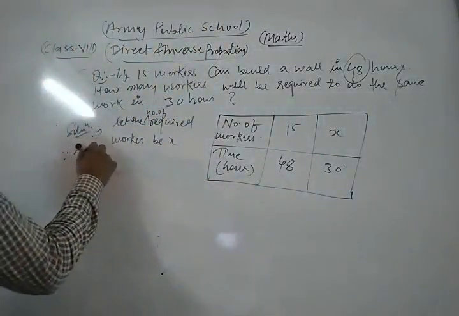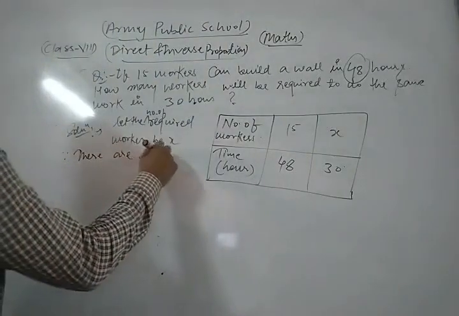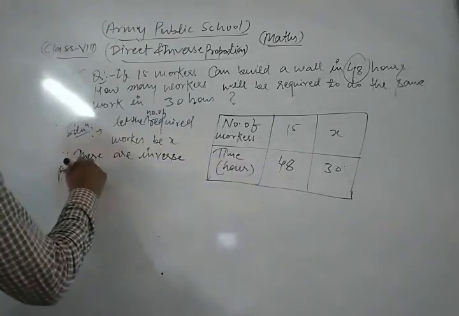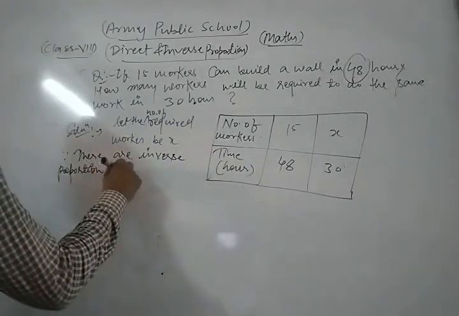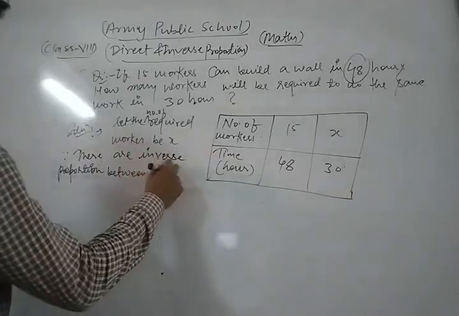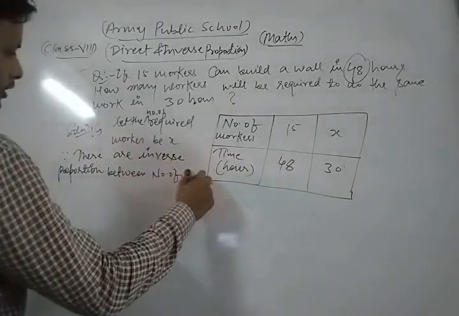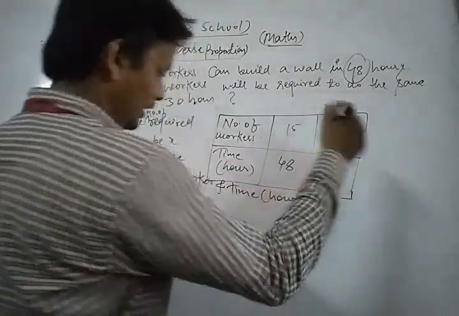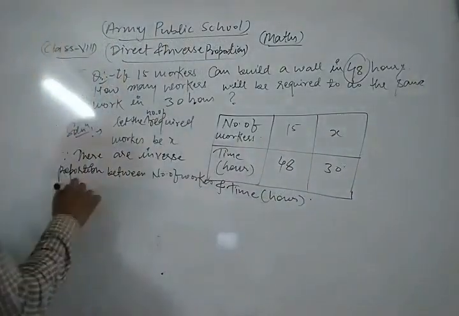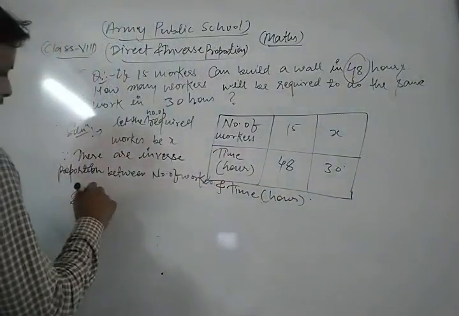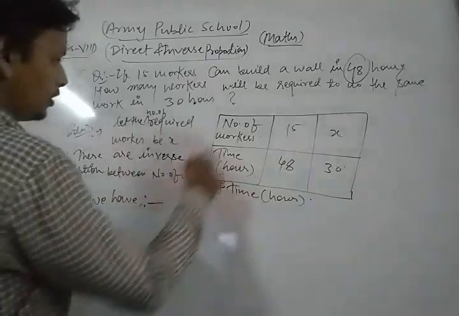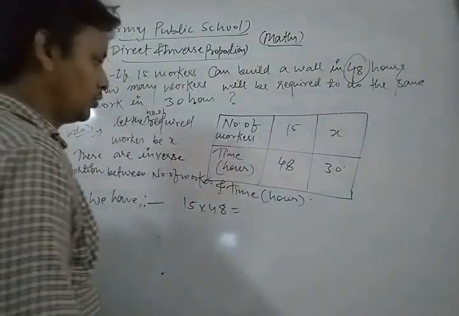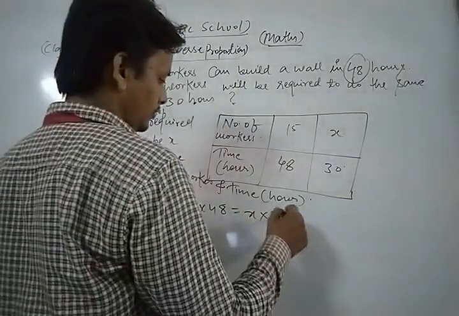Since there are inverse proportions between the number of workers and time in hours, we get 15 into 48 is equal to x into 30.